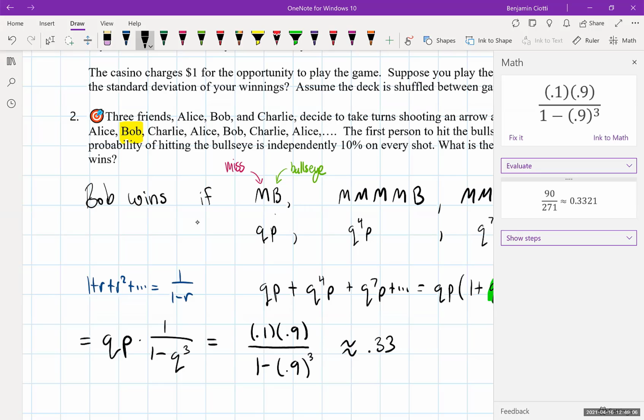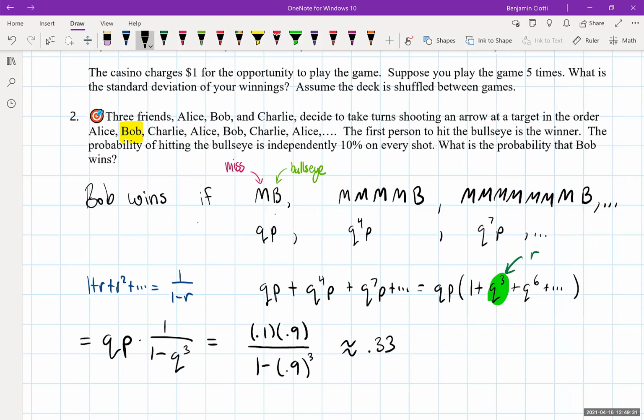Wow, it's really close to 1/3. I'm surprised. You know why it's so close to 1/3? Because it's really unlikely that the person that goes first has much of an advantage, because it's unlikely that they get the first shot, since the probability is only 10%. I thought maybe Alice would have an advantage, and she would.